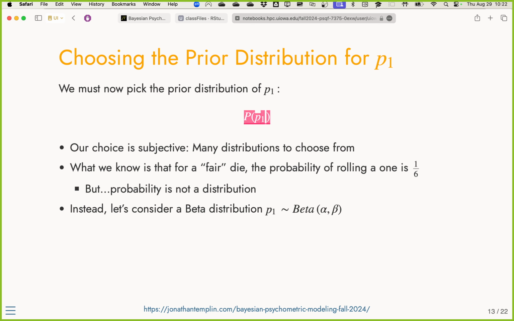Where do we believe this should be, right? Just off the top of your head, if I'm rolling a fair die, we would expect this distribution to be centered around 1/6, meaning there are 6 sides to the die. If it's fair, they should all be equally likely to appear. So therefore, 1/6 should be the center of my probability density for my belief.